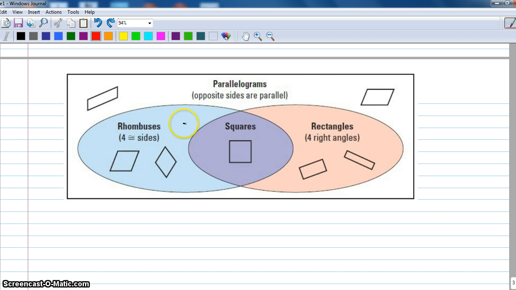This Venn diagram shows that everything is parallelograms. A rhombus, a square, and a rectangle are all parallelograms. Here's the rhombus, the 4 congruent sides, and a rectangle has 4 right angles, and a square is both. A square has 4 congruent sides and 4 right angles. So that might help you visualize it a little better.